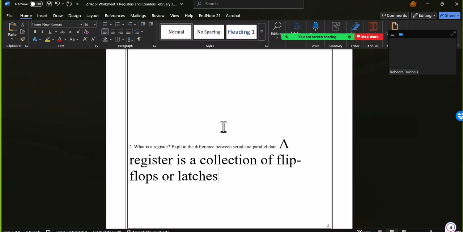And you may or may not remember when they first taught you flip-flops, they introduced the concept of memory. It doesn't really seem like memory, so you may have forgotten that, but that's what it is. And so the collection of flip-flops or latches store 1 bit of memory each. So that's what a register is. So it's basically a memory circuit.